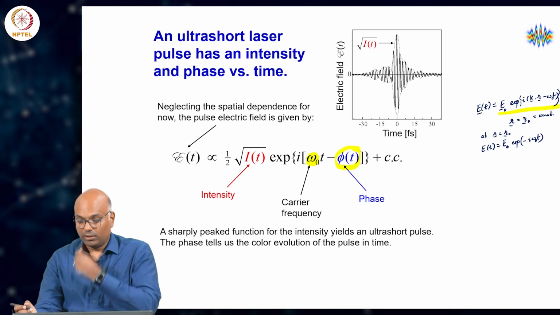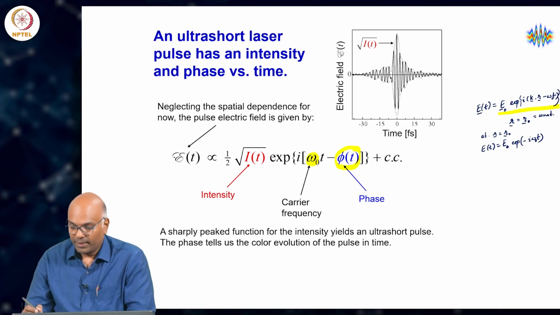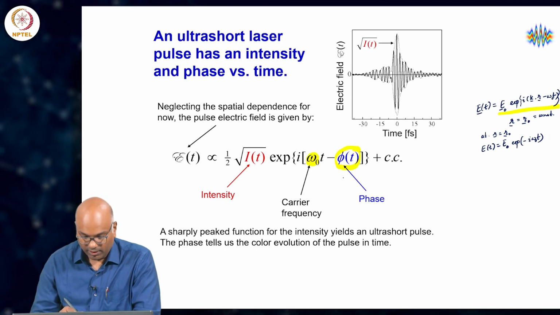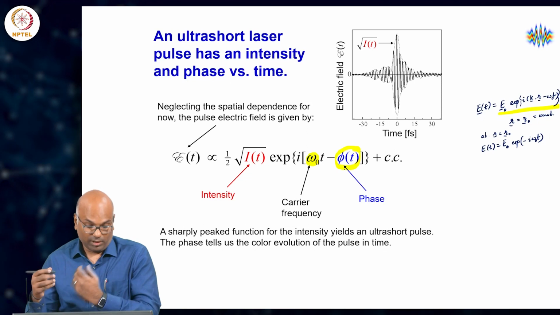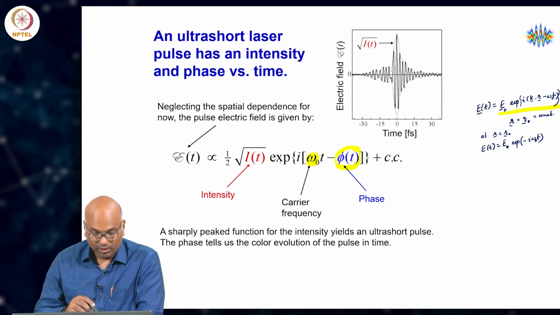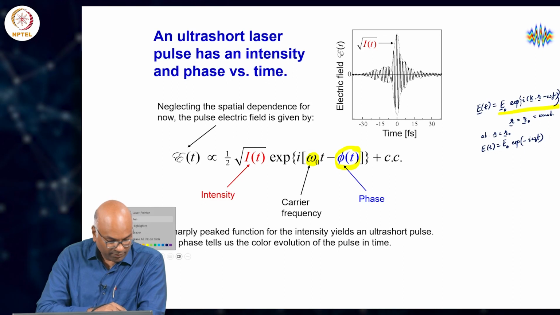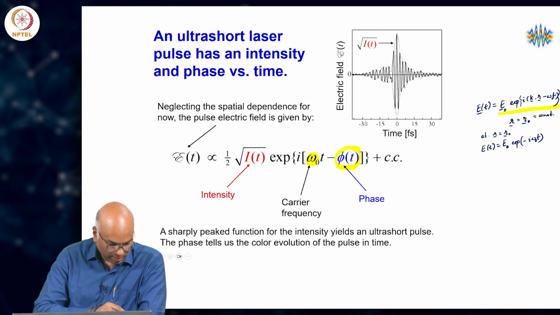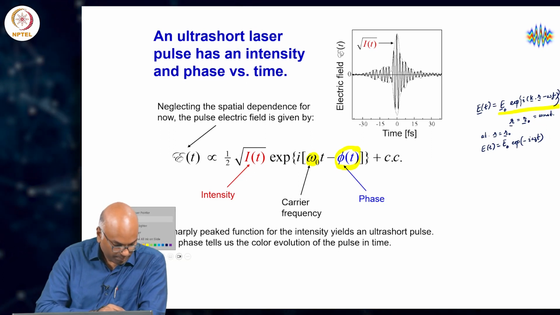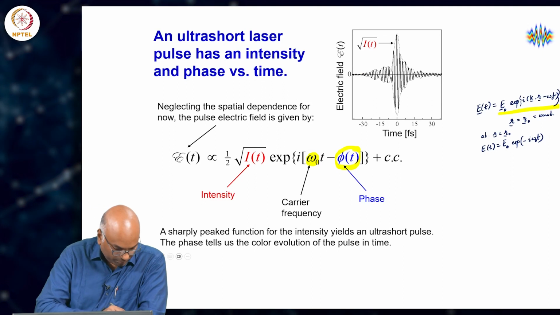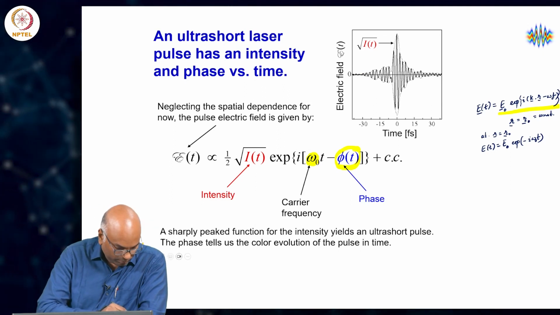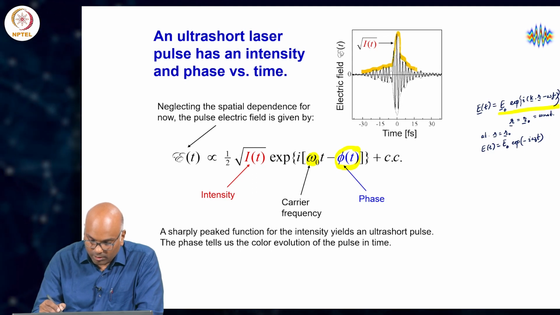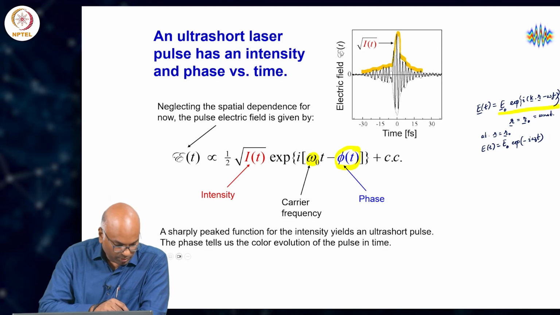They could even be written in complex notation, right? So that goes with it. So there is one key difference here: phi of t is an additional function in the argument of this complex exponent, and we have the amplitude, which is on this view graph. This is the amplitude, captured by the square root of I of t.